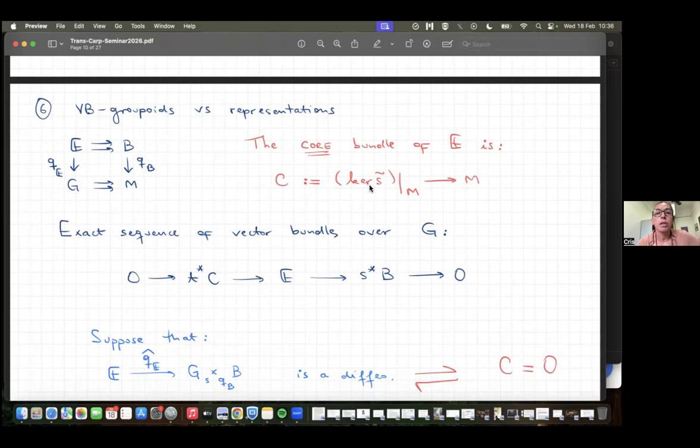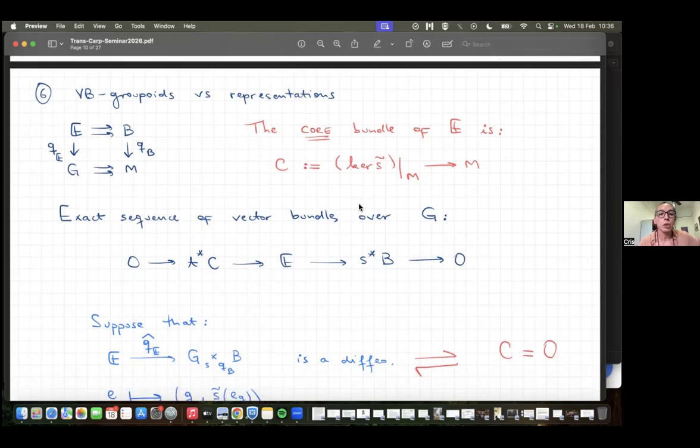And the core bundle is just the kernel of the source of E, which will be a vector bundle over G, and then you pull it back to M by the unit map. This is the core bundle, and this guy fits into an exact sequence of vector bundles over G, which is given by the pullback of the core by the target, and the pullback of B by the source on the extremes of the sequence. And in the middle, you have the total space of the VB groupoid.